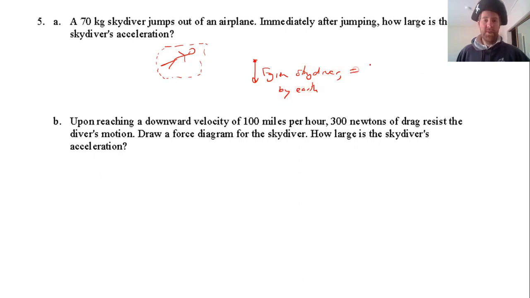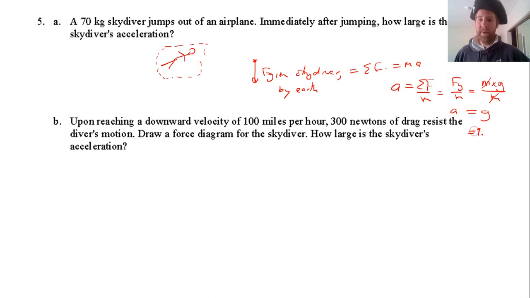So what's his total force? His total force is that. We know total force equals ma. So if we wanted to find a, it's total force divided by m, and we know the total force is the force of gravity over m. We know the force of gravity is mass times the gravitational field strength. So the acceleration is that, cancel them out, and we get the acceleration is g. Acceleration is 9.8.